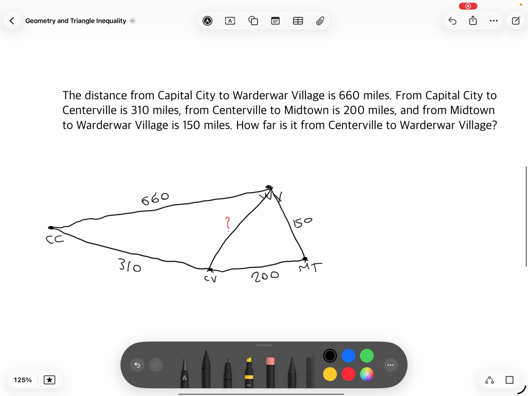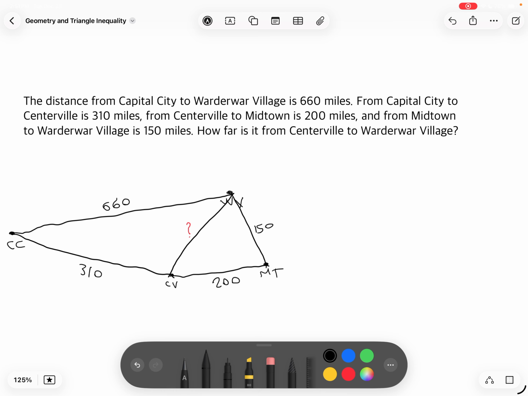The triangle inequality essentially states that the sum of two sides of a triangle must be greater than or equal to the length of the third side. So if the sides of our imaginary triangle are A, B, and C, we must have A plus B is greater than or equal to C. Of course, we must have B plus C is greater than or equal to A, and all of the other cases as well.